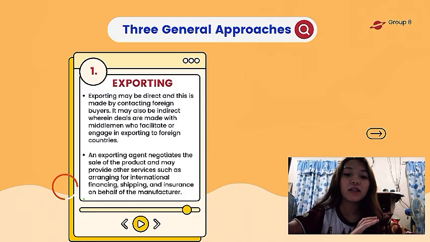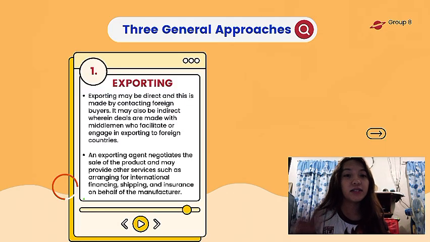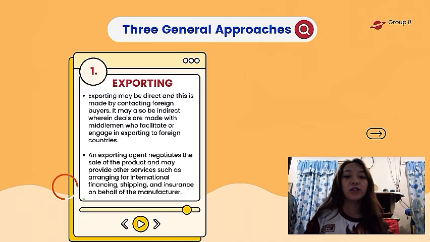Exporting is when companies sell their products in another country without setting up operations there. It's the easiest way to enter a market because businesses don't need major investment, just strategies to distribute their product internationally. There is direct exporting and indirect exporting.